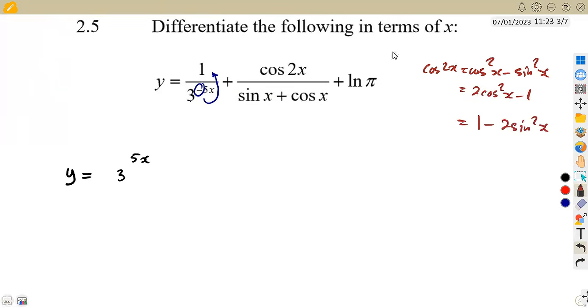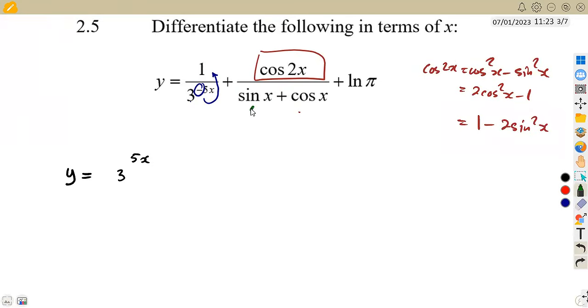These are the three identities which can be used in place of cos 2x. But which one can we use in this case? Because we have a fraction, we are supposed to think about the numerator, because in our fraction the denominator is an expression. There are two terms that are being added together. So for the cosine of 2x, the best identity that we can pick in this case is the first one.